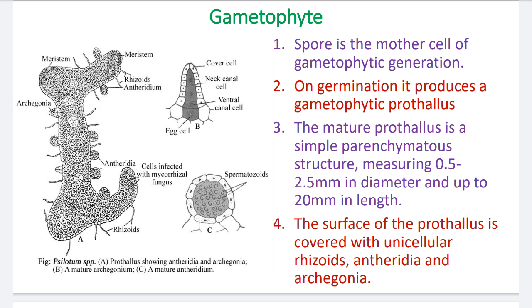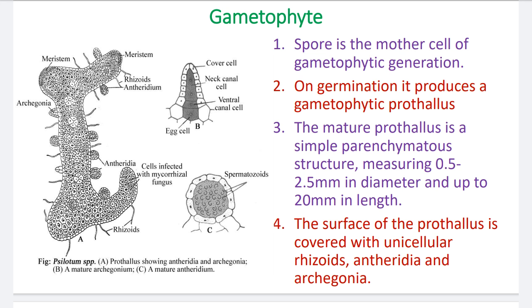The reproductive organs are embedded in the prothallus and somewhat projected from it. In this way many antheridia and archegonia are attached to a single prothallus, and this prothallus develops after the germination of the spores, which are produced by the synangia.